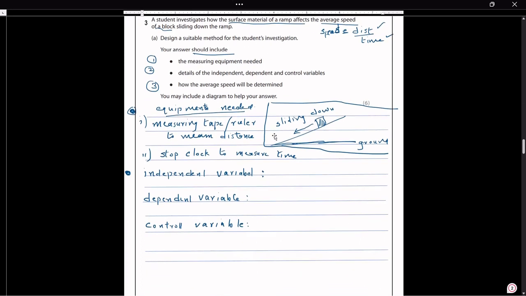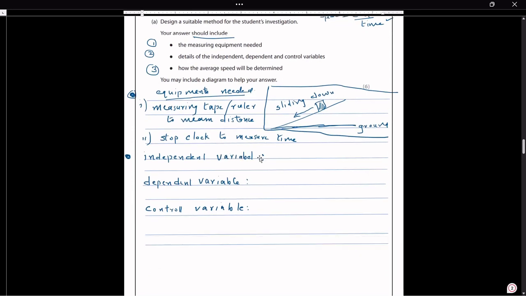Therefore, the independent variable can be the surface material: smooth surface or a little hard surface or a wooden surface, whatever it is. This is the independent variable.